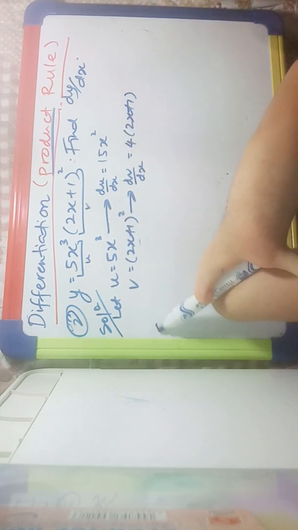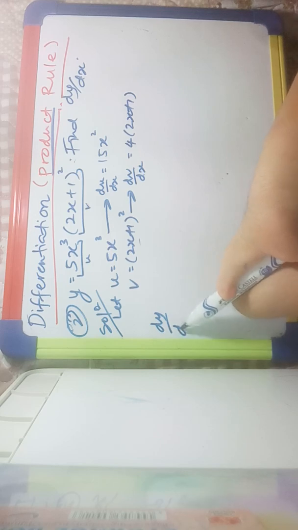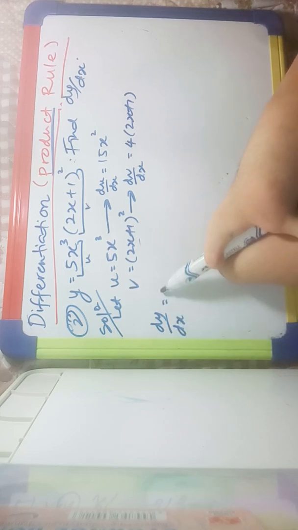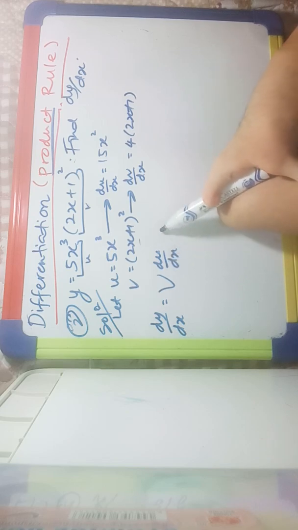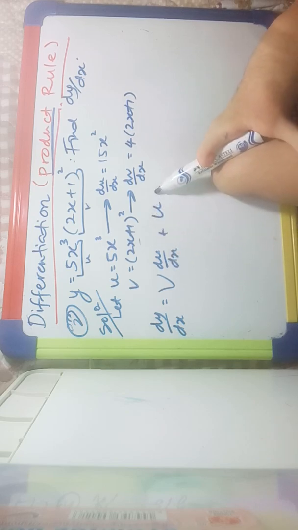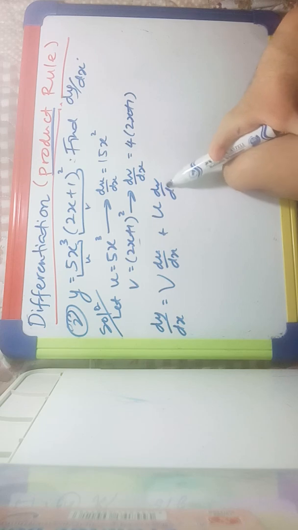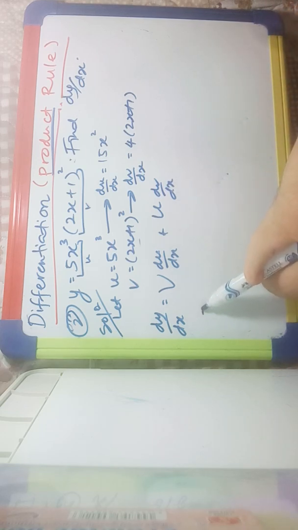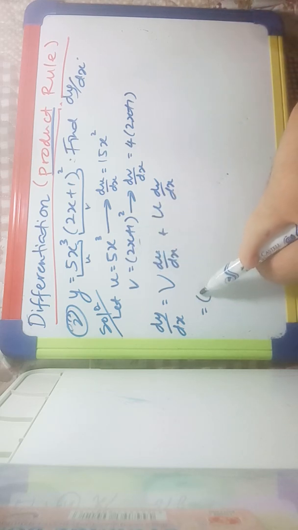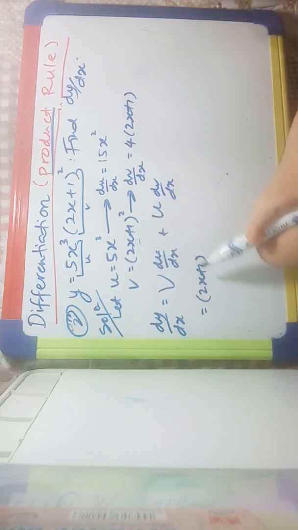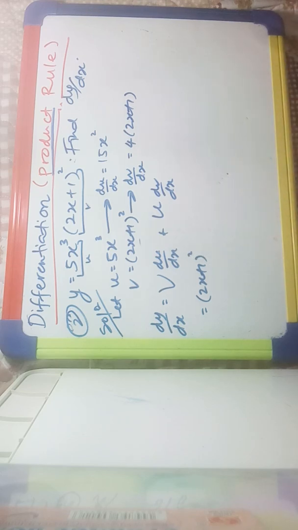for me to use the product rule. So dy/dx is v du/dx plus u dv/dx. Okay, let's substitute the information that we have. This is our v, so v is (2x plus 1) squared.